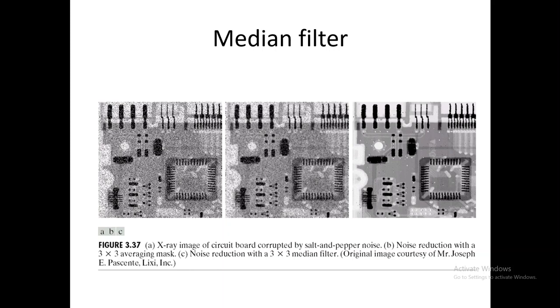We perform smoothing using the average filter and also using the median filter, and we can see that the result of the median filter is really better than the mean filter, which is clearly visible here. That means it's highly robust to outliers in the image, or in the distribution of the pixels.